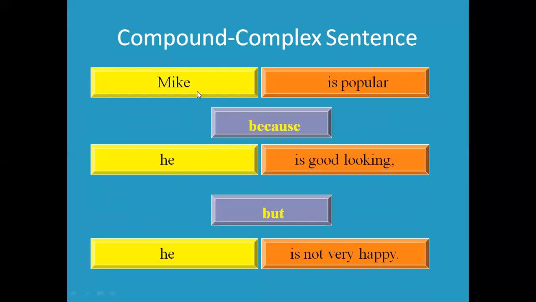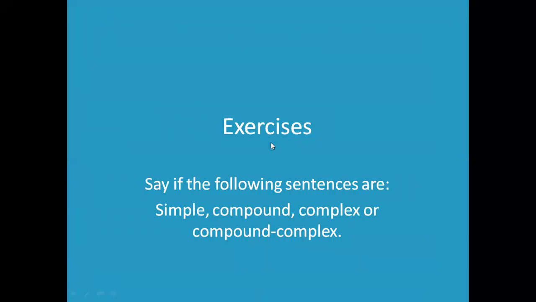Mike is popular. That is the first independent clause. Because he is good looking is dependent on Mike is popular, the first part of the sentence. But he is not very happy, the third part, is also linked to the sentence Mike is popular, because of the conjunctions because and but.